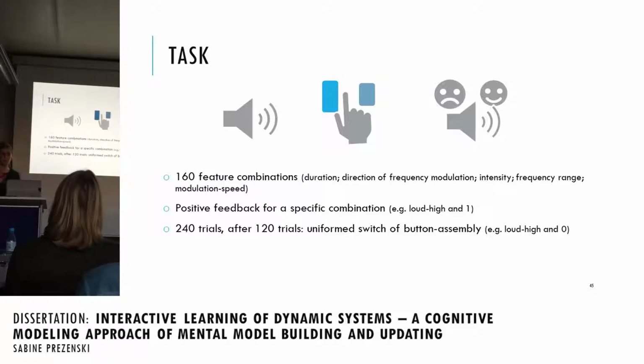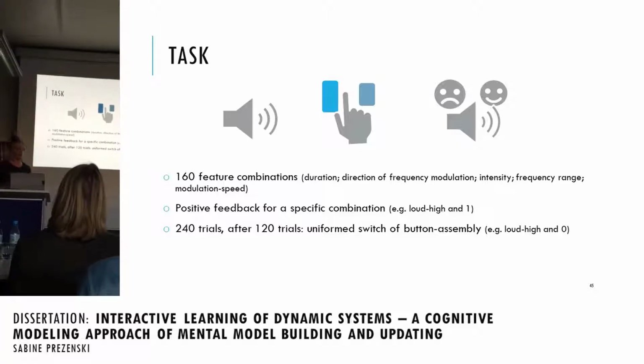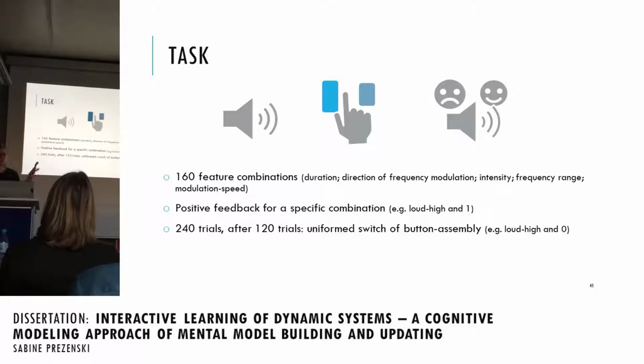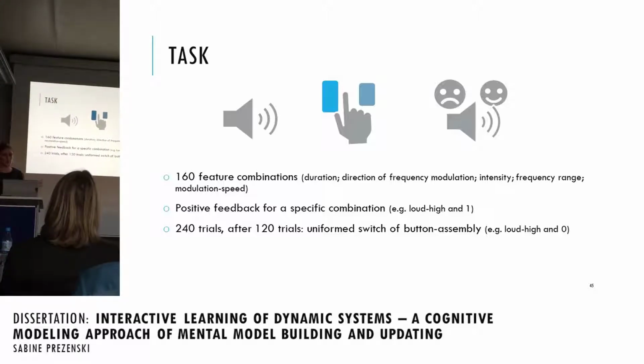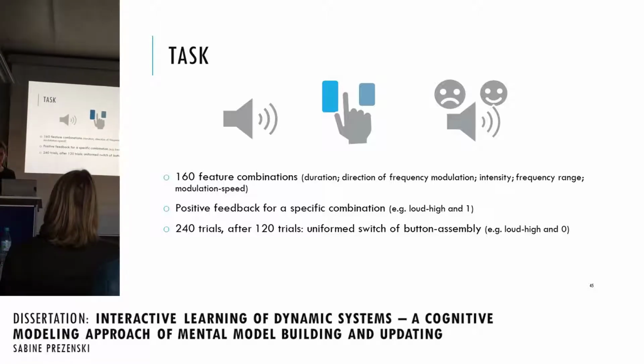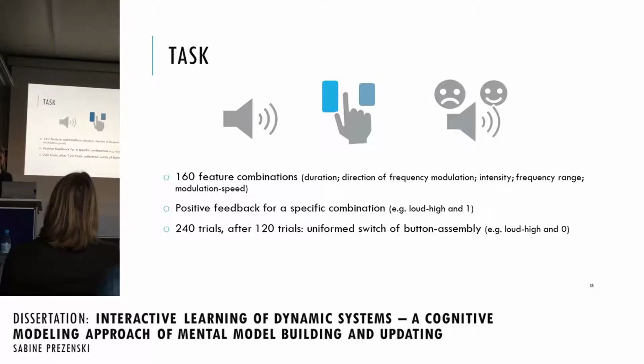There was positive feedback only for a specific combination, so for loud, high, and one. The task went on for 240 trials, and after 120 trials, there was an uninformed switch of button assignment, so now they got positive feedback for loud, high, and zero.